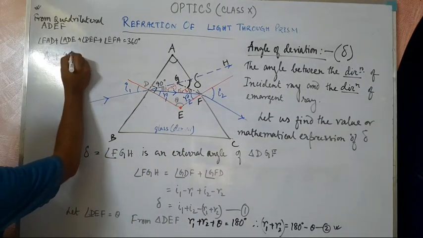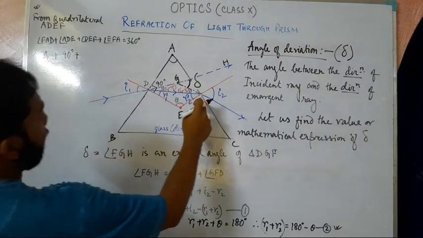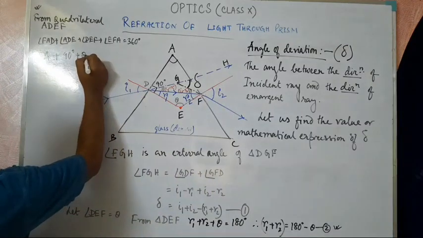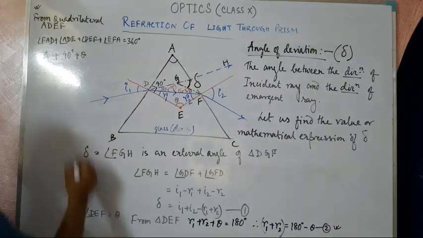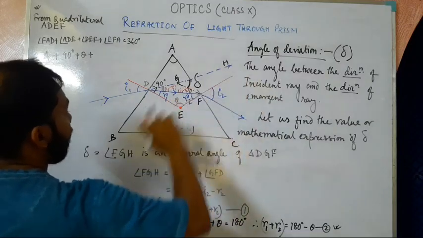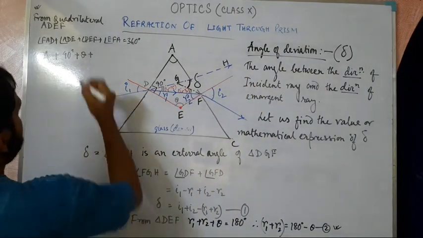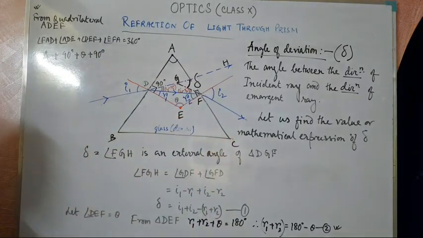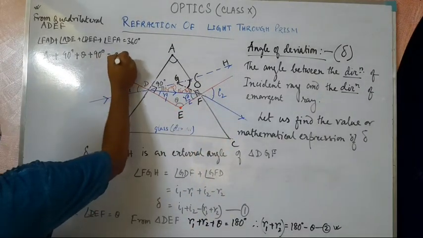So 90 degrees plus DEF, which is written as theta, we have named that. And EFA, another normal, so it is also 90 degrees. So it means 360 degrees.